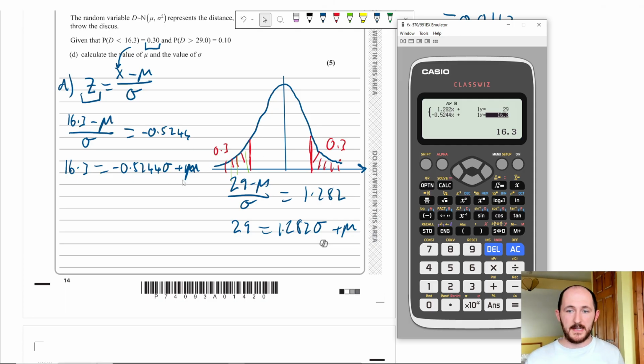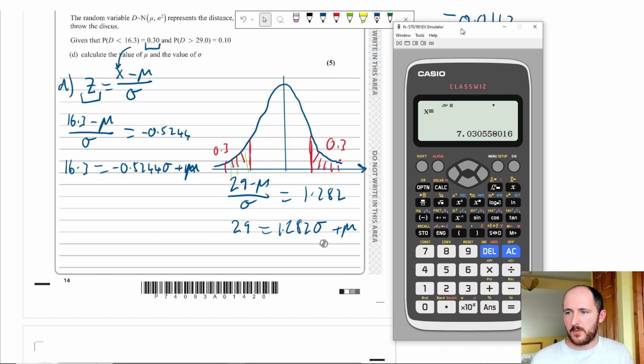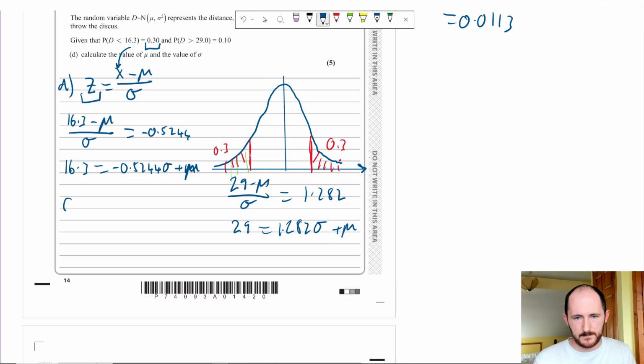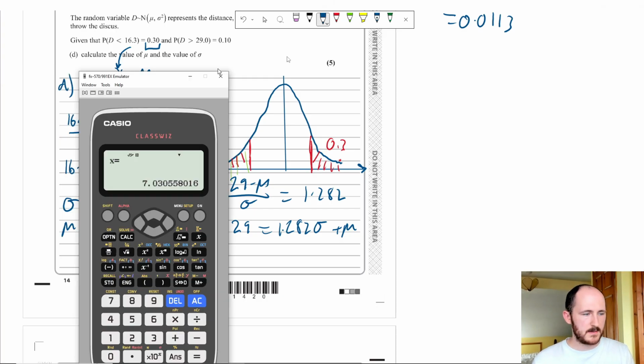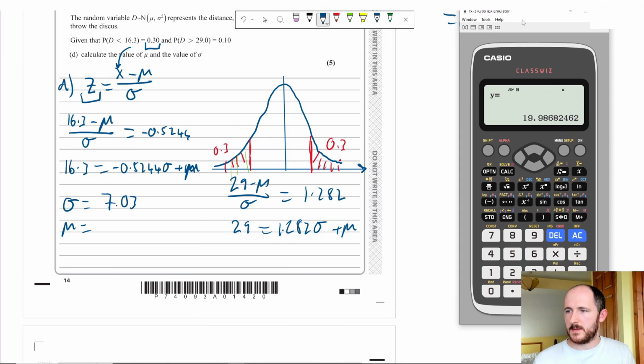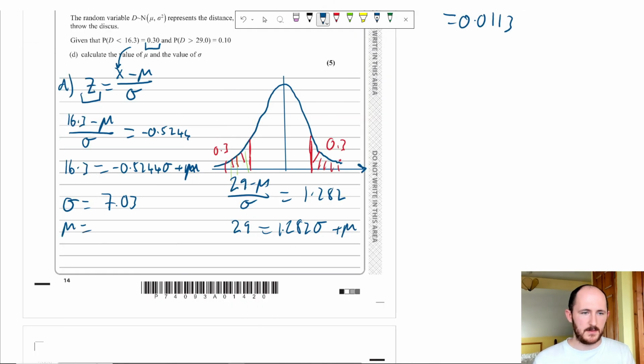If so, this is a really easy simultaneous equation to work out. You just subtract the two equations. Cool. So here we get sigma is 7.03. The reason why it says x, remember, is because we said that mu is x. And mu is 19.99, let's call it. And there you go. Not too bad.